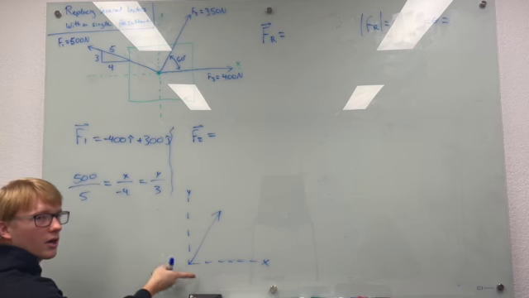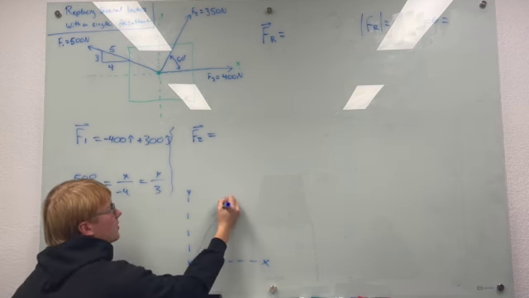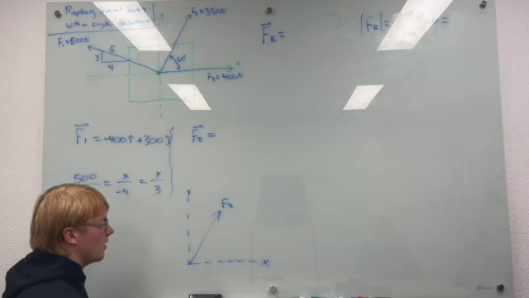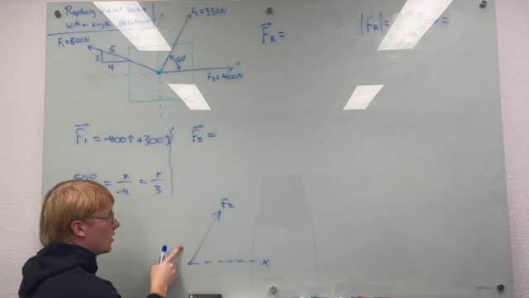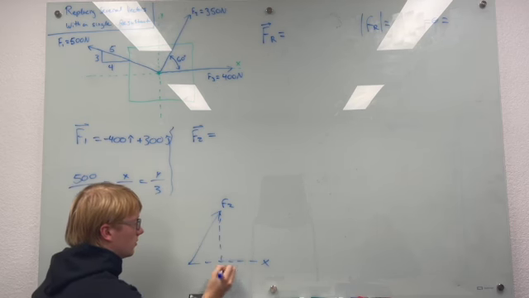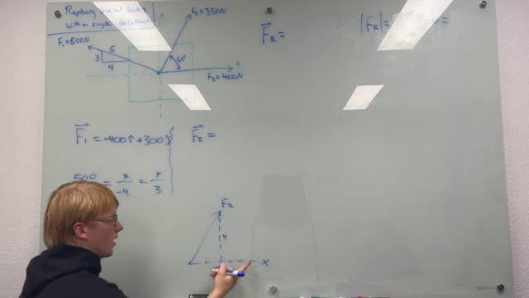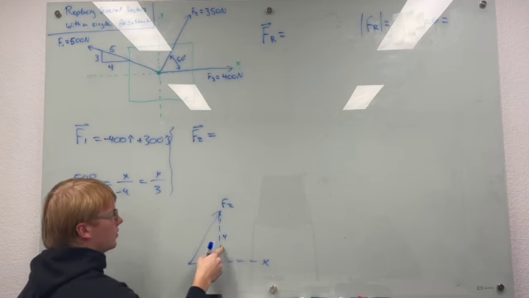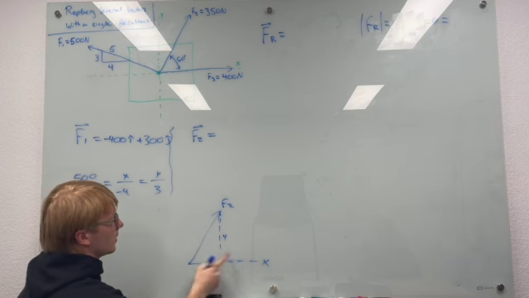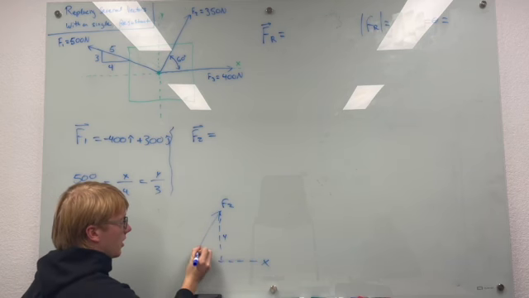This is our y and our x-axis, and this is F2. Imagine I moved this y-axis right here. That's the y, that's the x. See this triangle? So this is the y component of F2, and this is the x component of F2. This is my angle, 60.